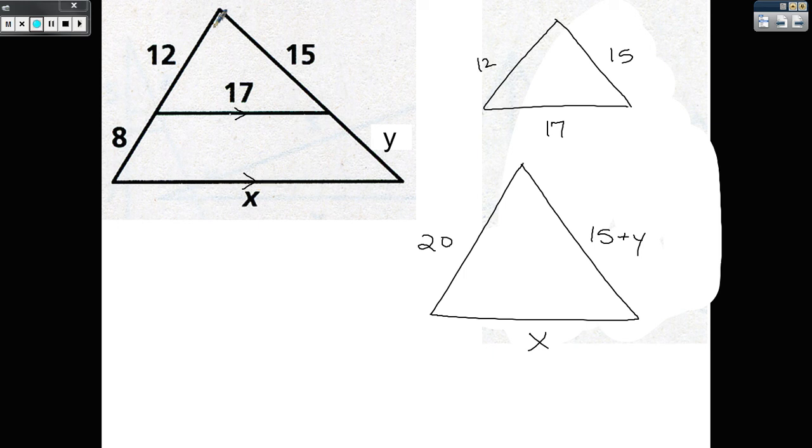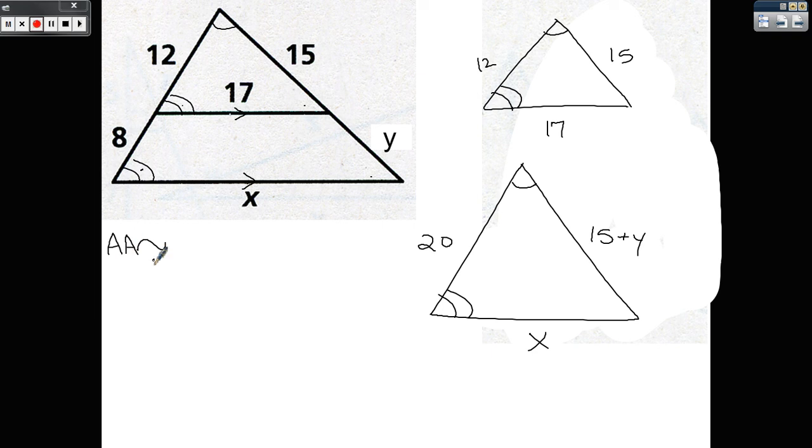Well, we know that this top angle is congruent in both triangles, so I'm going to mark those two congruent. I'm then going to mark, with the lines being parallel to each other, these corresponding angles congruent. It doesn't matter if you do these two or these two, but it's important you recognize that we have two triangles similar by what we call angle-angle similarity.